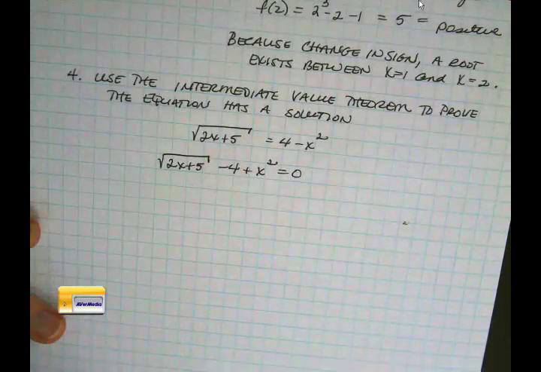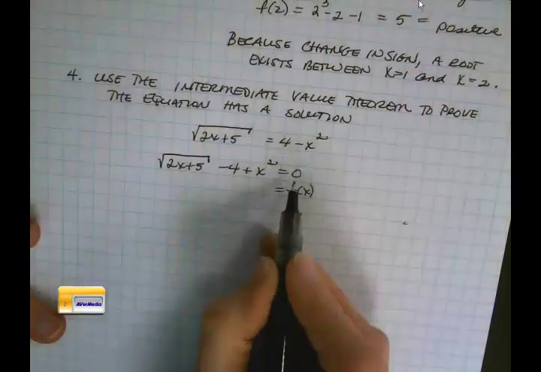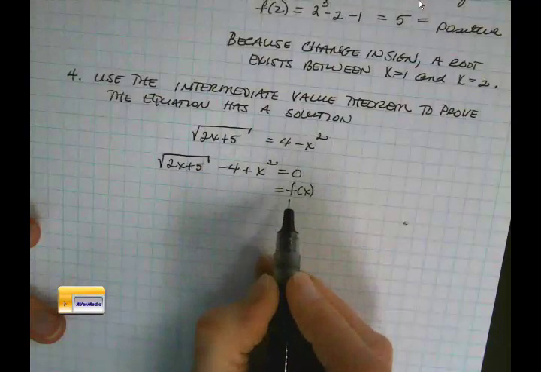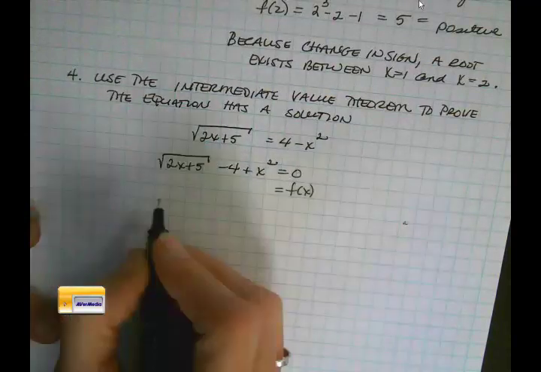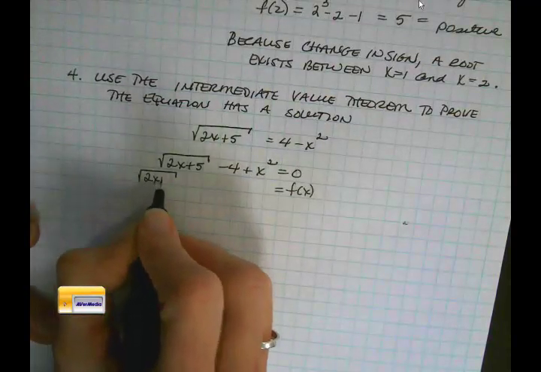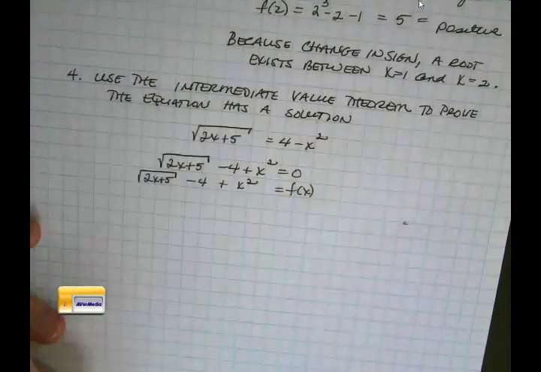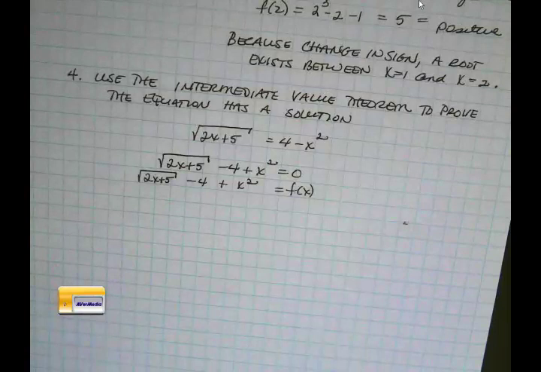Now if I replace the 0 with f of x, that means f of x equals 0, which means y equals 0, which is going to be on the x-axis. So this now is the square root of 2x plus 5 minus 4 plus x squared equaling my f of x. So I'm looking for the root or the x-intercept of f of x.